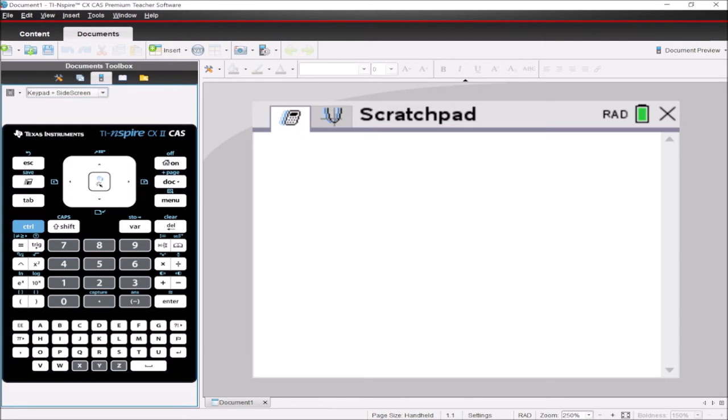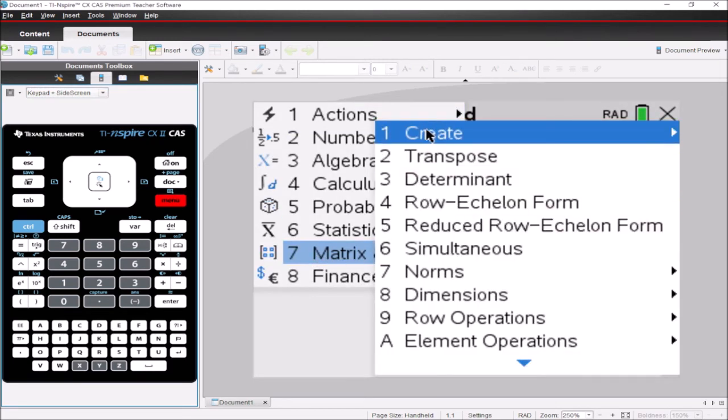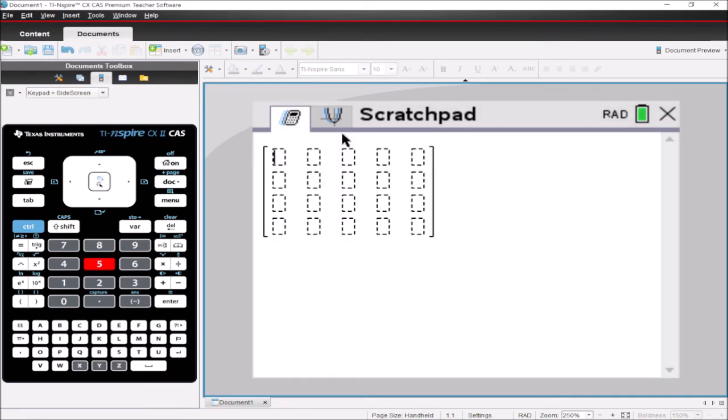All right. First thing we want to do is create the matrix. Let's go Menu, Matrix and Vector, Create a Matrix. Now our matrix had 4 rows and 5 columns. Hit OK.